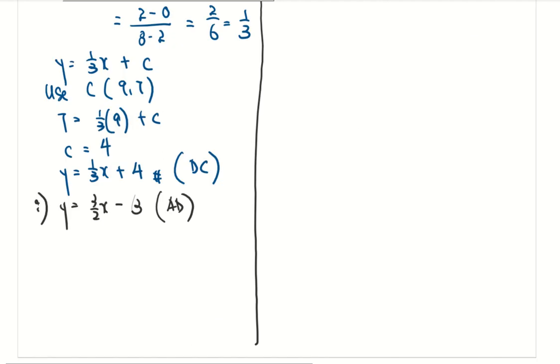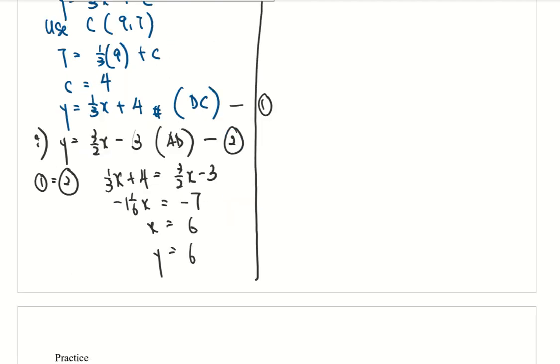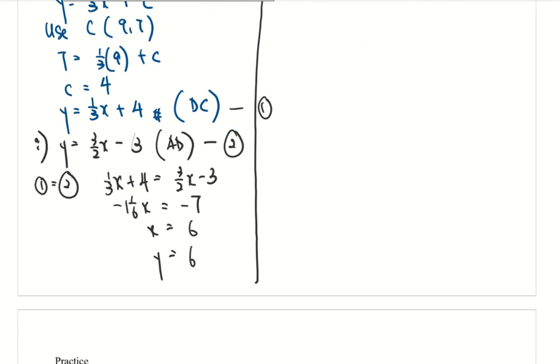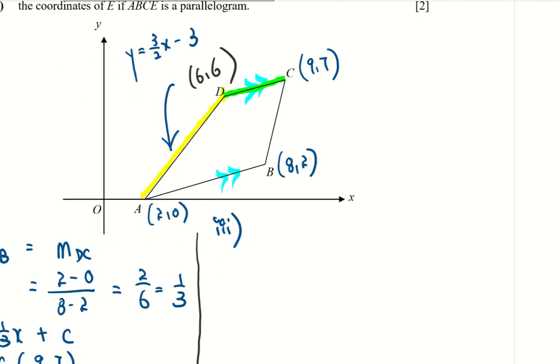I'm going to solve for the intersection by doing the simultaneous equation for DC as well as AD. After solving, I will be able to obtain the coordinates of D. In this case it will be (6, 6). Now, I fill in the information for the coordinates of D.